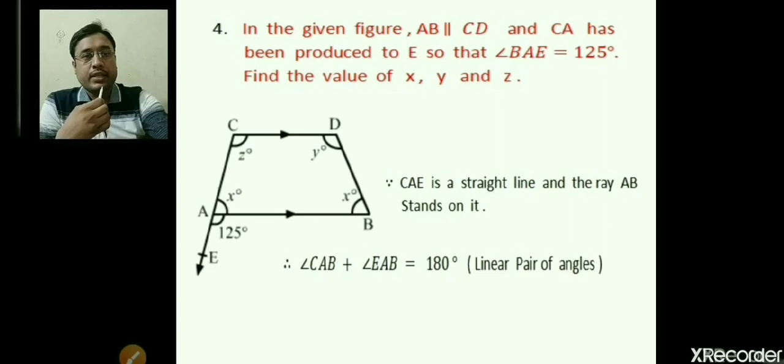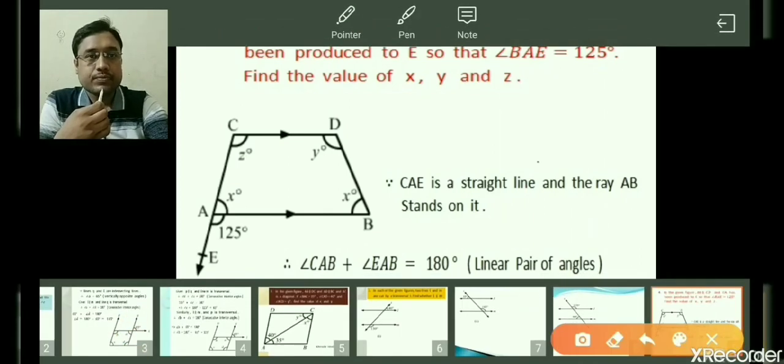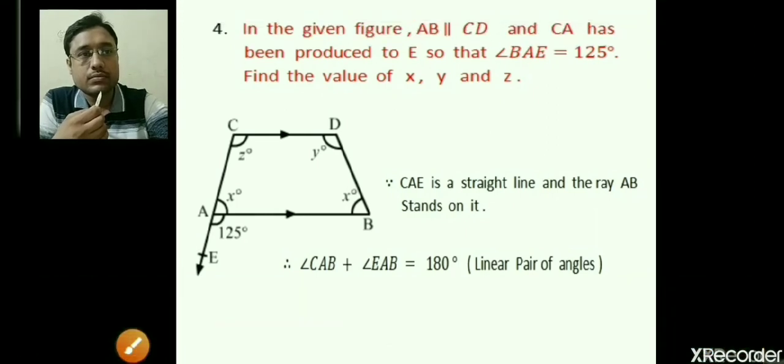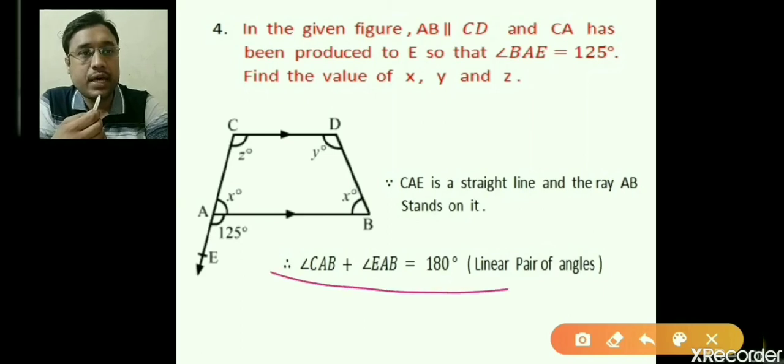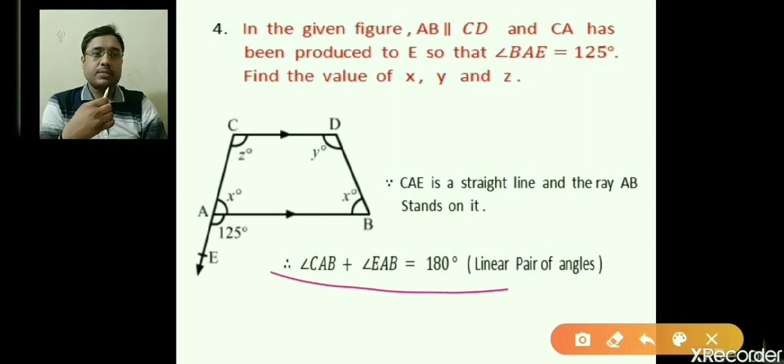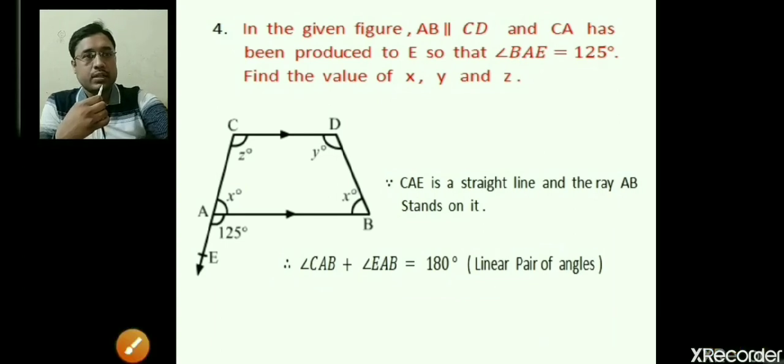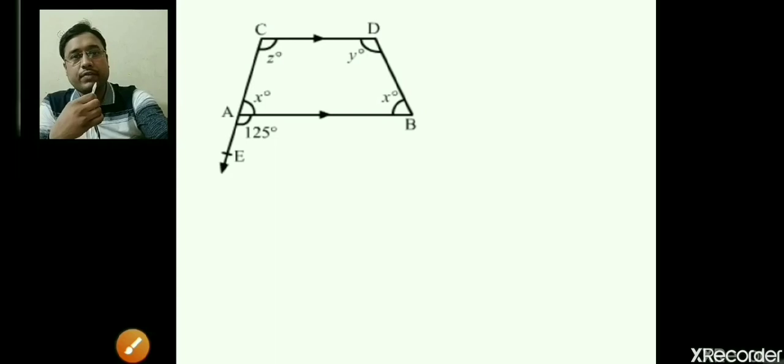In that case, the angles CAB and EAB have a sum of 180 degrees by linear pair of angles. Then you can find the value.